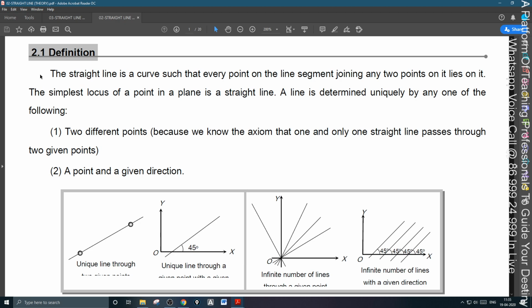I said it is a very similar definition you will have for the plane also. So two different forms, because we know the axiom that one and only one straight line passes through two given points. Number 2, a point and a given direction.